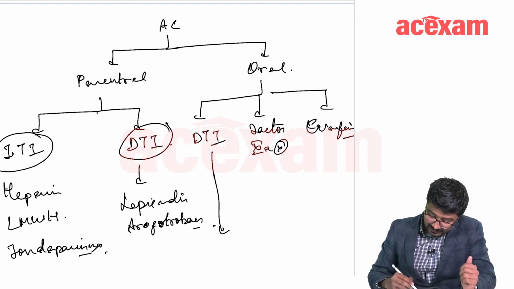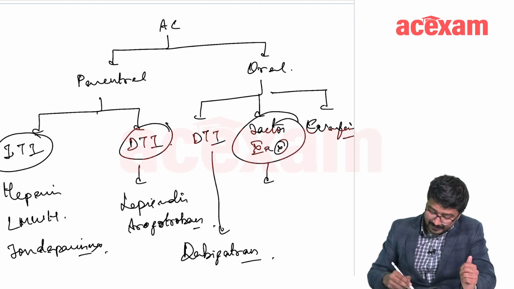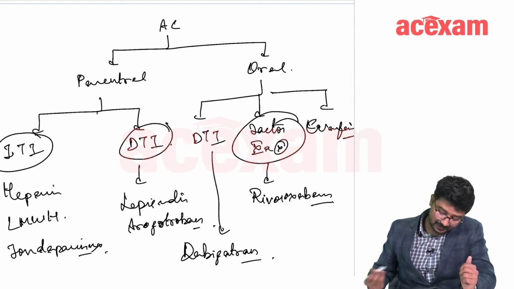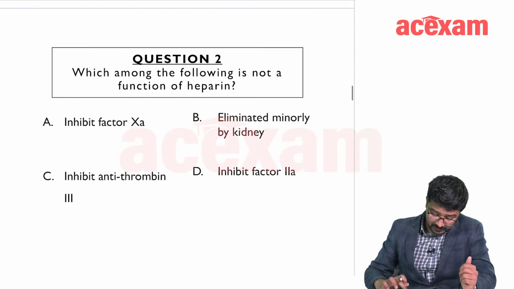And within the direct thrombin inhibitor, which is the oral, we have the dabigatran. And within the factor 10 inhibitor, we have many drugs. Just to name one, it is rivaroxaban. And within the coumarin, we have obviously the warfarin. Okay. Now, let us go back to the question.